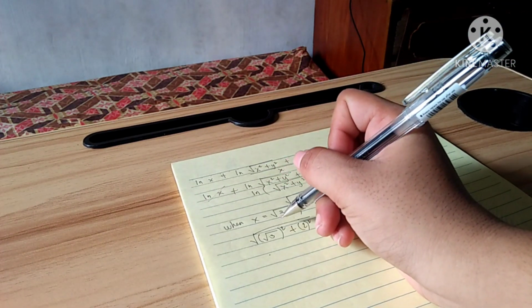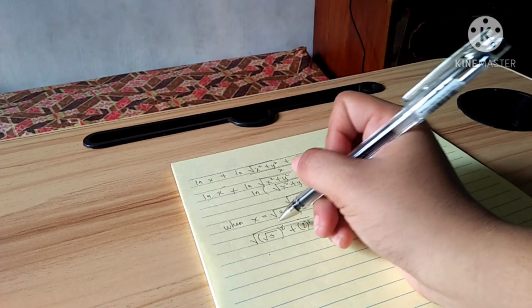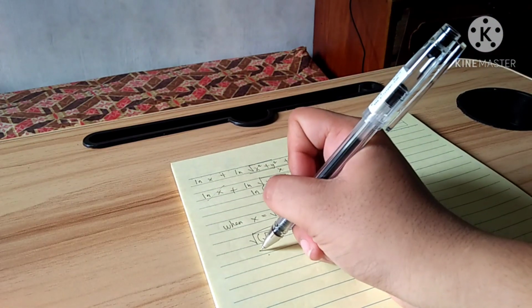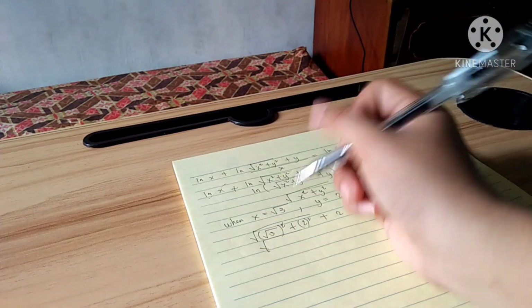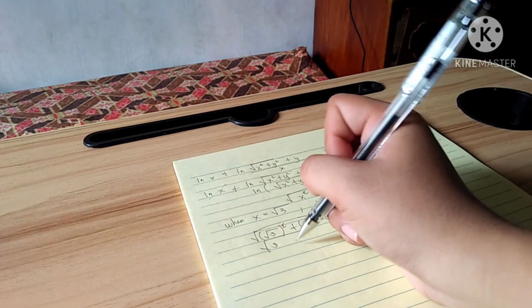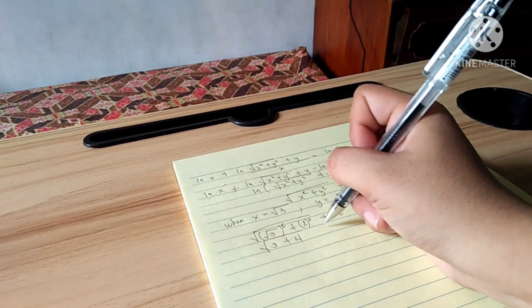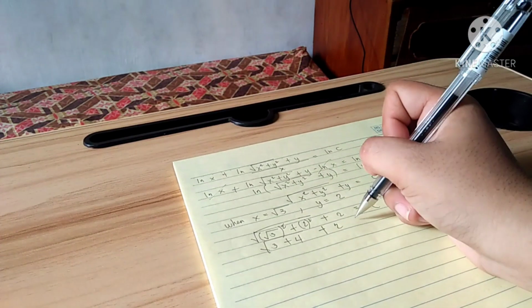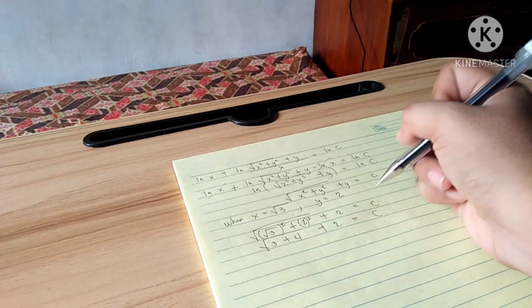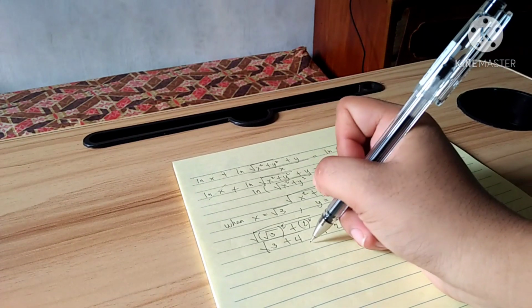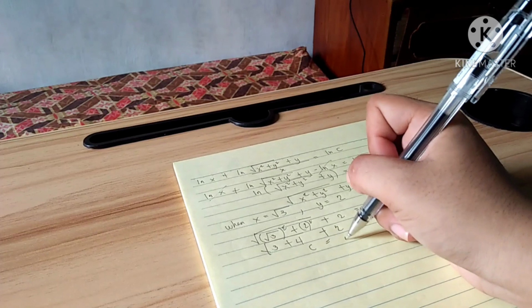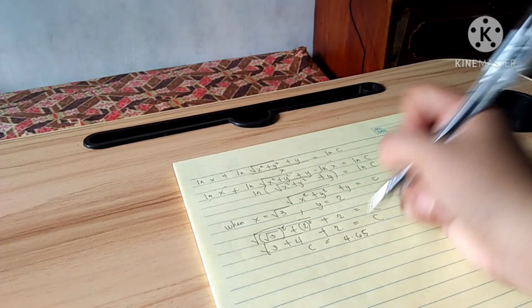Matatanggal na yung squared dito, so matitira na lang dyan is the square root of 3 plus 4 plus 2 is equals to c. So, calculating this one, we have c is equals to 4.65.